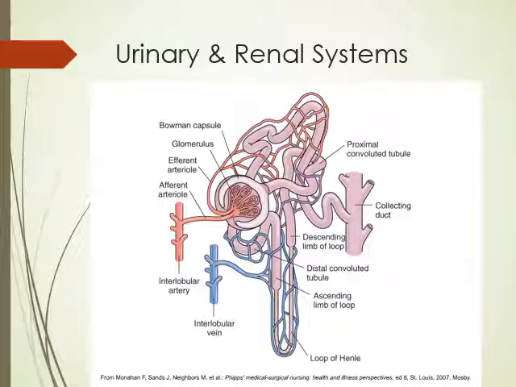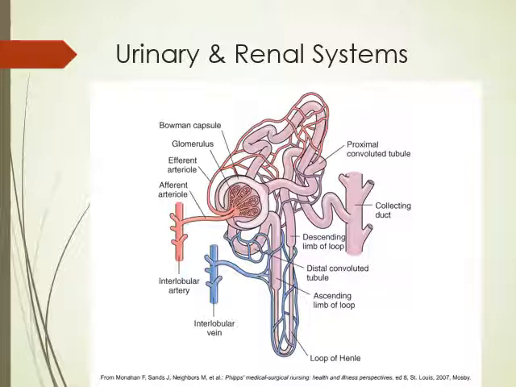The nephron consists, and you can see them marked here, it consists of a glomerulus, and a glomerulus takes care of selective filtration. It's a network of capillaries within the Bowman's capsule. Next is the proximal tubule, and you can see that.